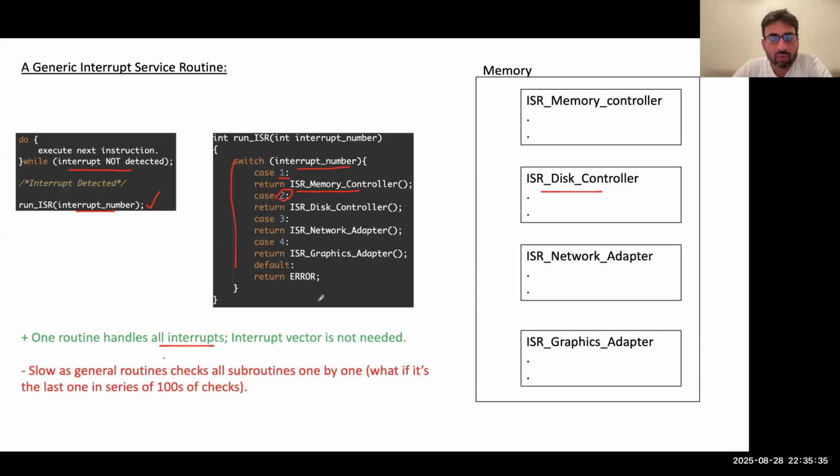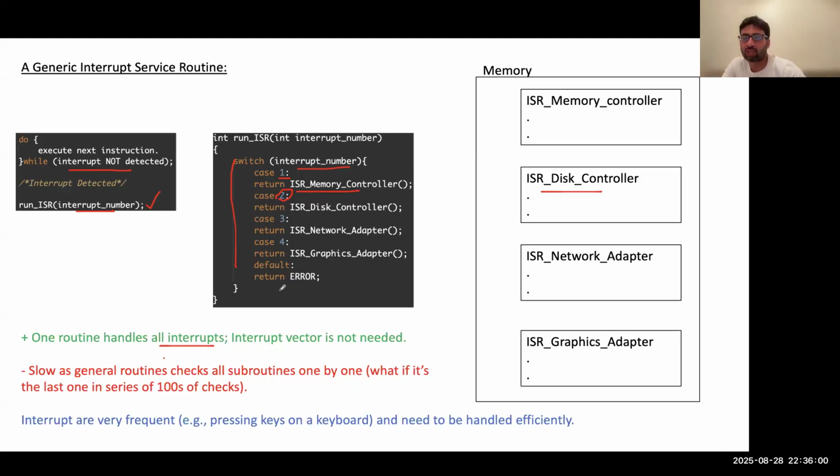If there are 100 different interrupts, each with a unique ID, then we will have a switch statement with 100 different cases. So in the worst case, if the interrupt with ID 100 arrives, then your OS will check all the interrupt IDs one by one, and it takes time, which means that it will be slow.